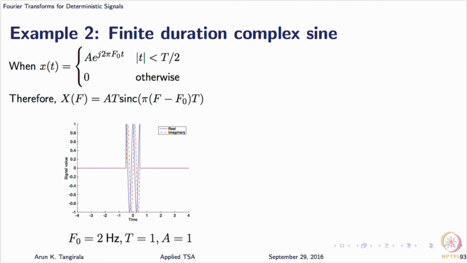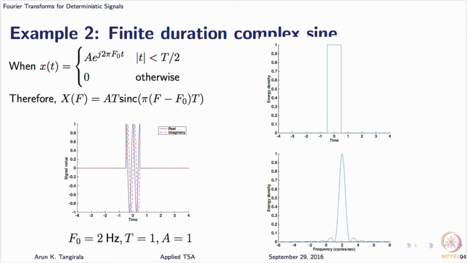It is a finite duration sine wave. You see both the real and imaginary parts, because it is a complex sine wave. On the right, on the top you see the energy density of the signal in time, and at the bottom the energy density of the signal in frequency.